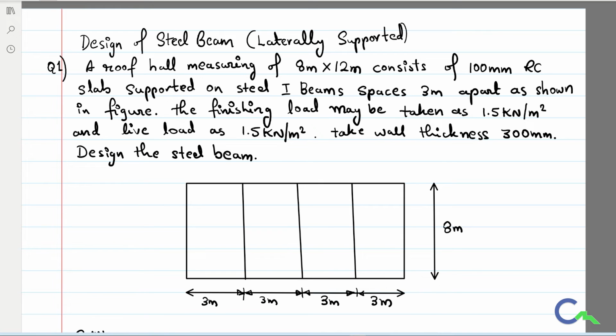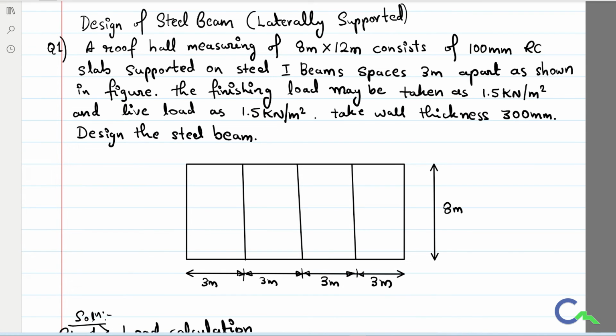The finishing load may be taken as 1.5 kilonewton per meter square and live load again as 1.5 kilonewton per meter square. Take wall thickness as 300 mm. Design the steel beam. This is the laterally supported condition because they gave an RCC slab.